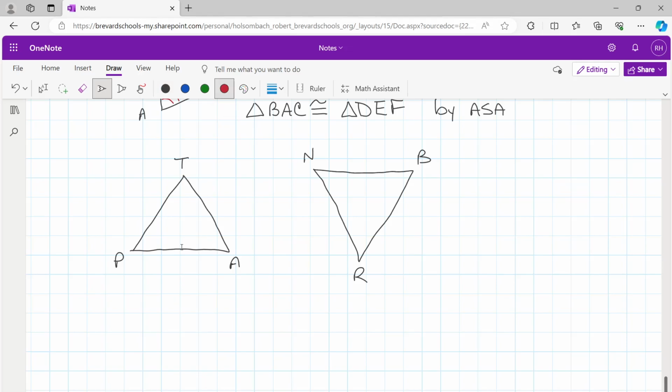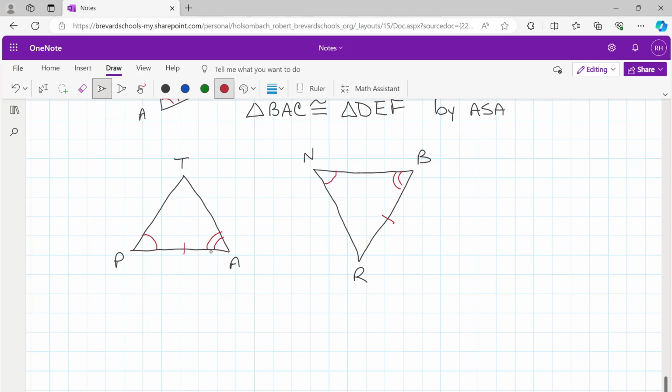Now, in the triangle on the left, if I go angle, side, angle. But then in the triangle on the right, I go angle, and then another angle, and side BR.